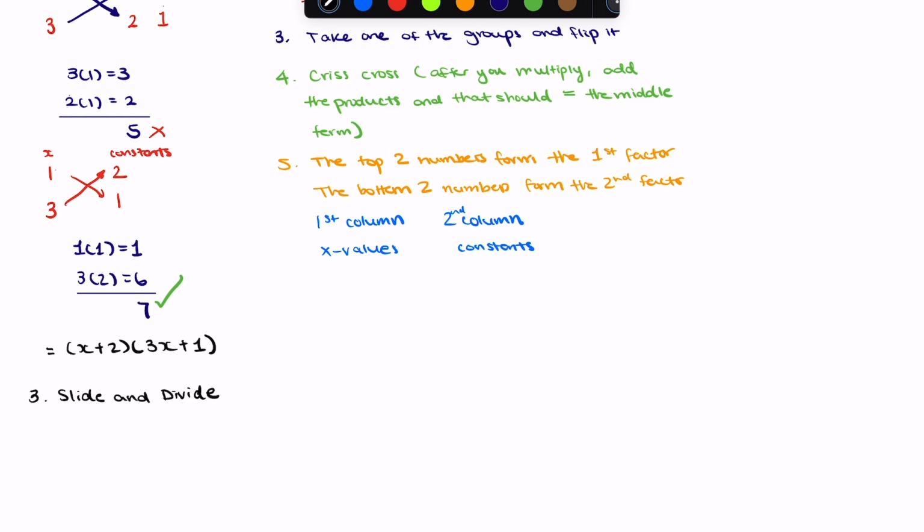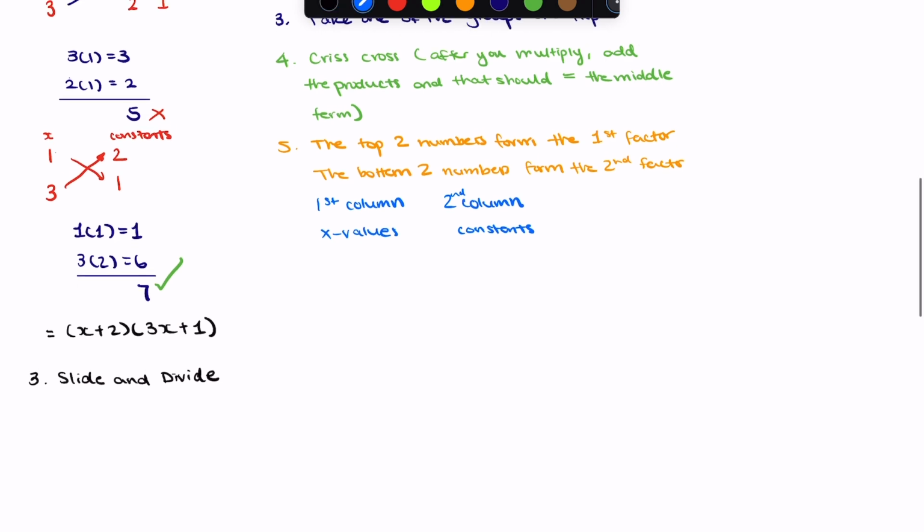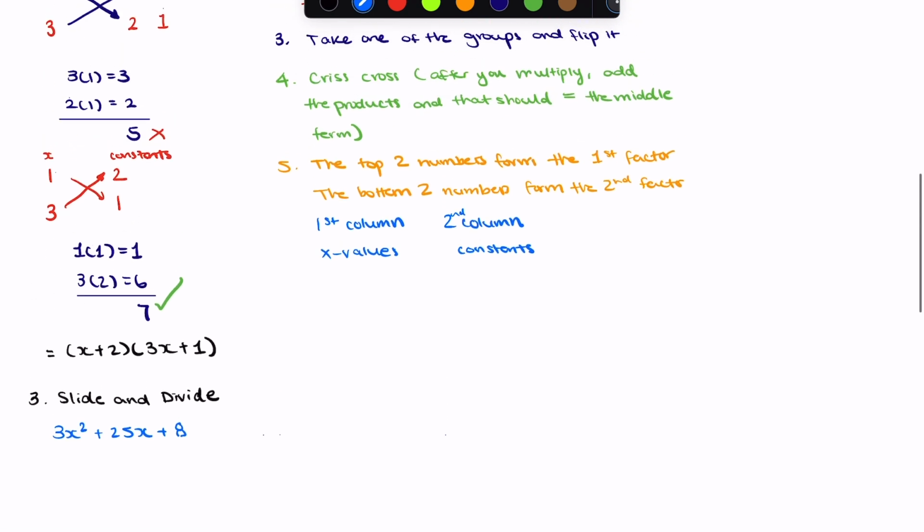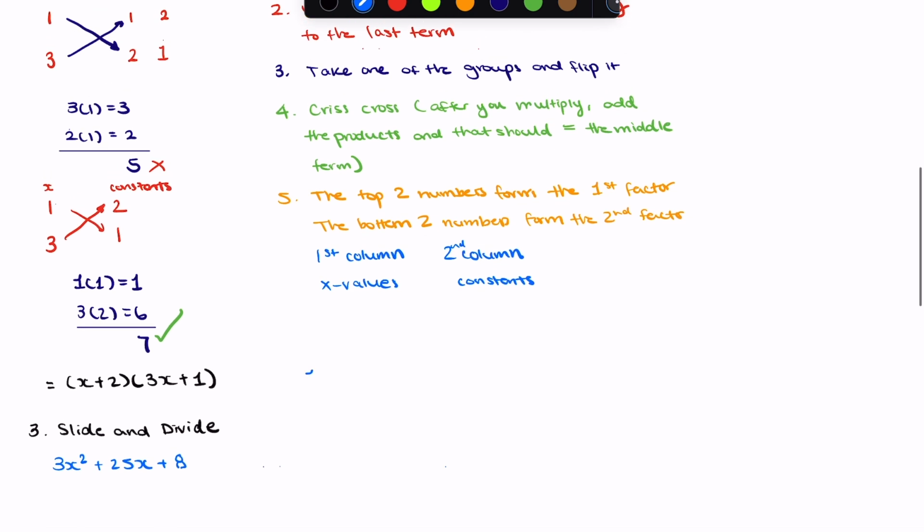We'll write a complex trinomial of, say here, 3x squared plus 25x plus 8. So the first step that we're going to take is we're going to multiply a times c. In this situation, if we multiply a times c, we will get an answer of 24.